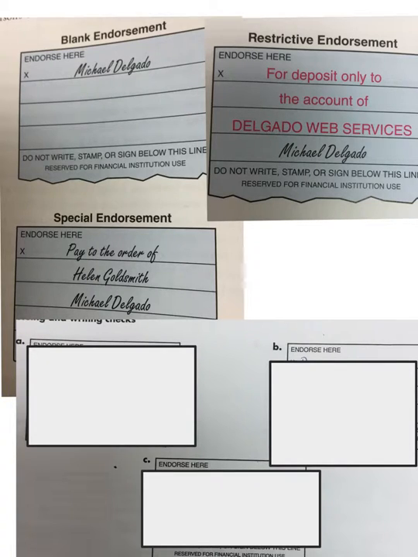And so on the back of it, you would write "paid to the order of." That's very similar to the front of the check. The front of the check would already say "paid to the order of" and your name, but now you're going to sign it over to someone else. So you put "paid to the order of" the person you would like to sign it over to, and then you sign your name.